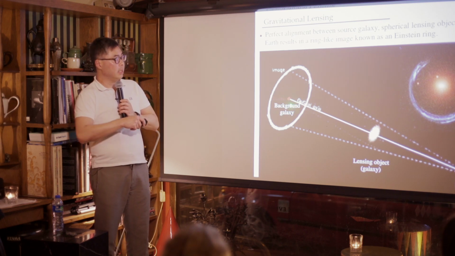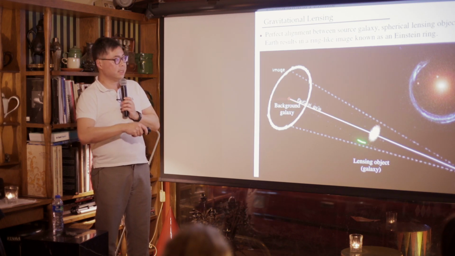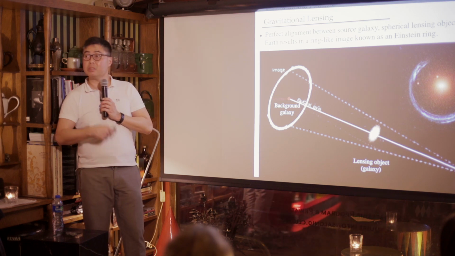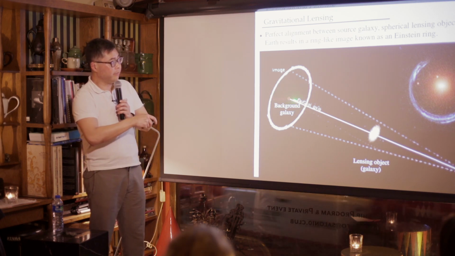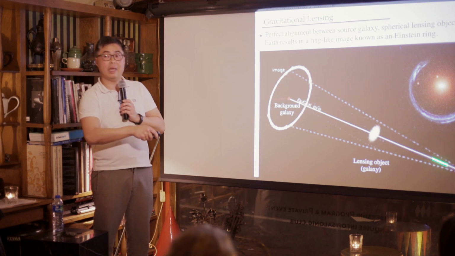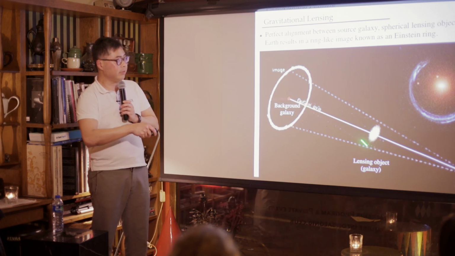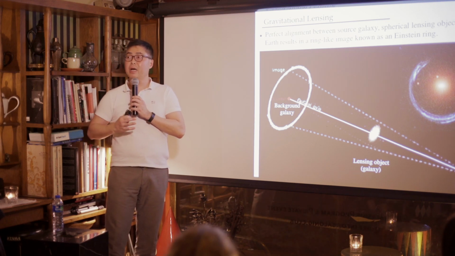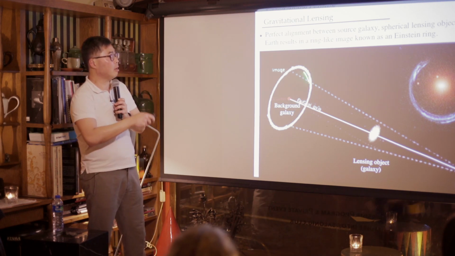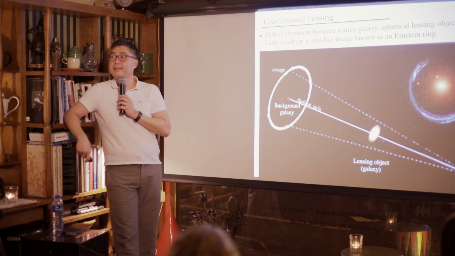Here's the Earth, here's the background object, and here's an intervening massive galaxy, which is a massive object, which is another galaxy. All right? If all 3 are perfectly aligned, okay, if this object is a perfect spherical distribution of stars, we would see a complete ring in the sky. Okay, and we see many examples of this.